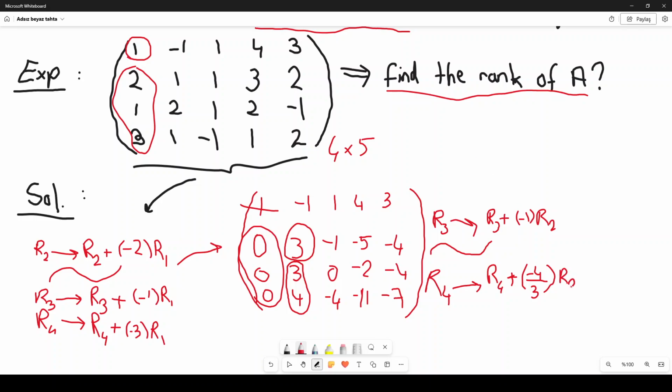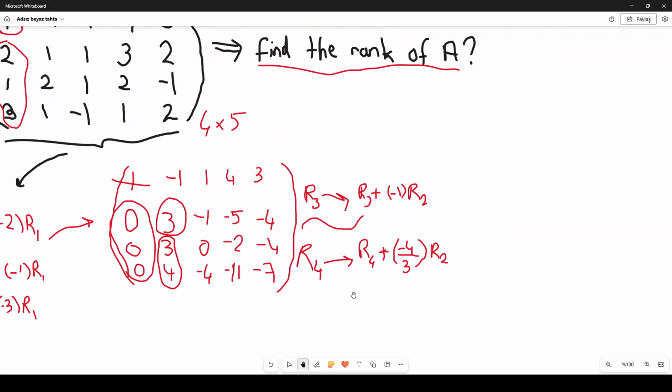And why did I multiply the second row by minus 4 over 3? Because if I do so, now in the second entry of the second row, I get minus 4. And when I add it to the fourth row, I eliminate the value 4, which becomes 0.